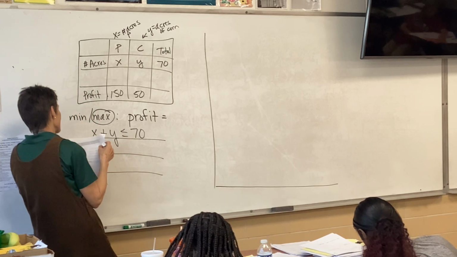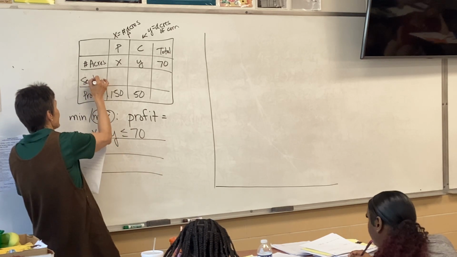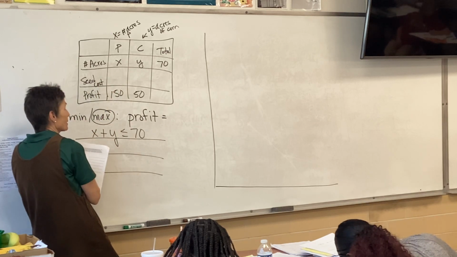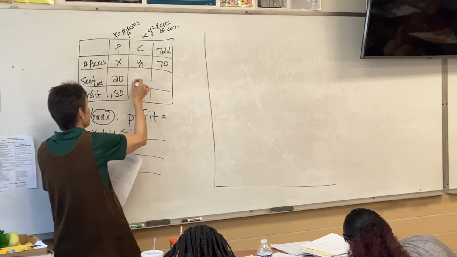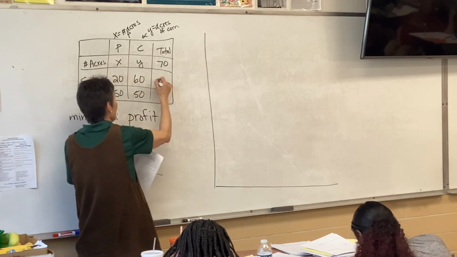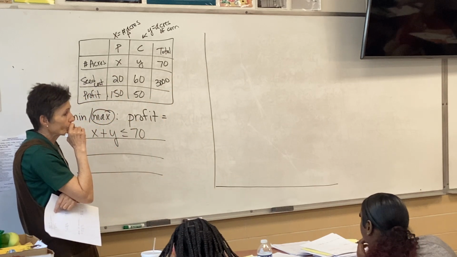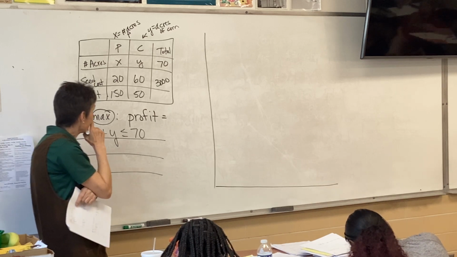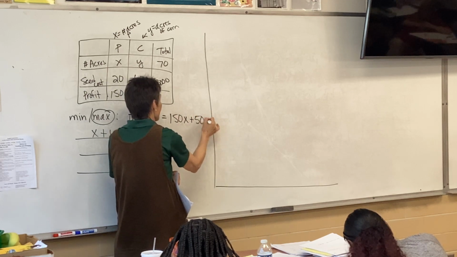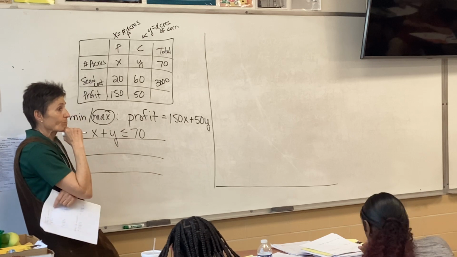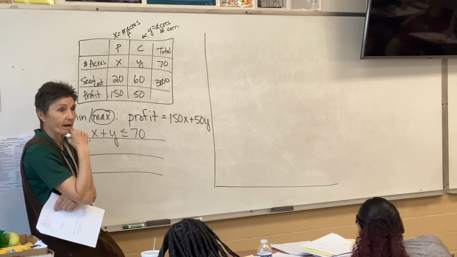Now, what's the 20 and the 60? That's the seed cost. So the potatoes are 20, the corn is 60, and the total is 3,000. And I want to maximize 150x plus 50y. $150 times every x, $50 times every y.